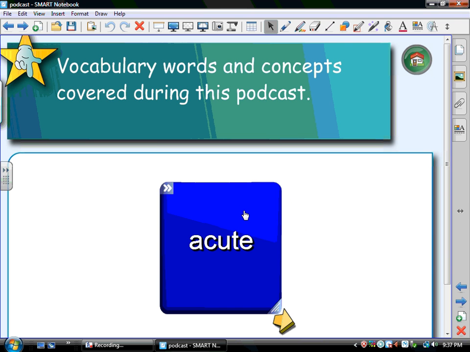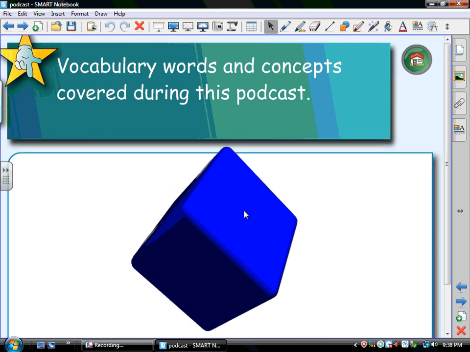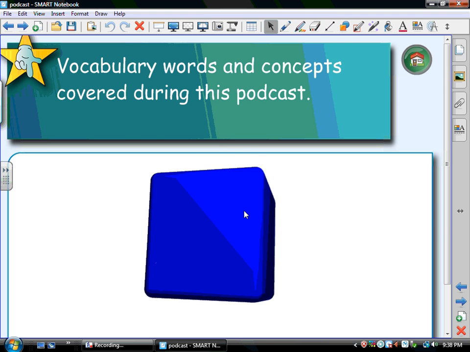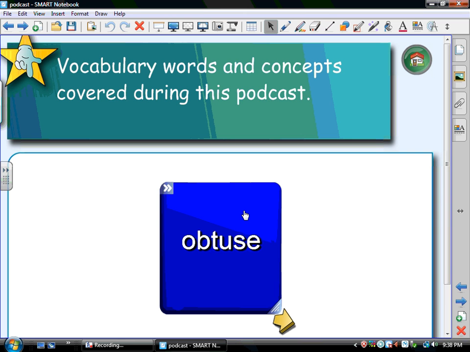We will talk about acute angles and also acute triangles. And there should be one more hiding in here. I'm not lying, there really is one. I told you there was one more. See, just had to be patient. Obtuse angles we'll talk about, and obtuse triangles.